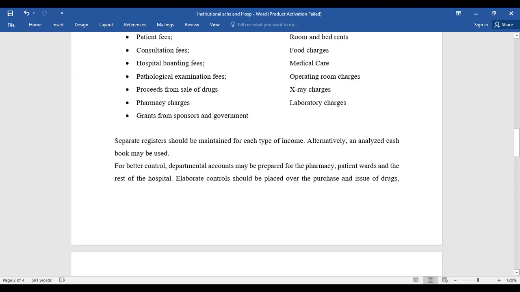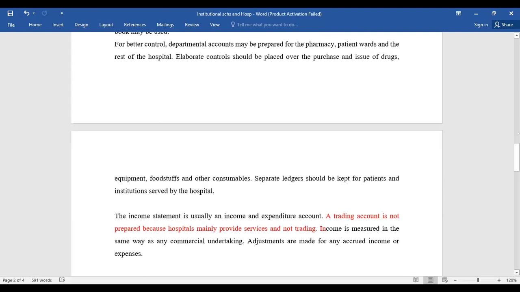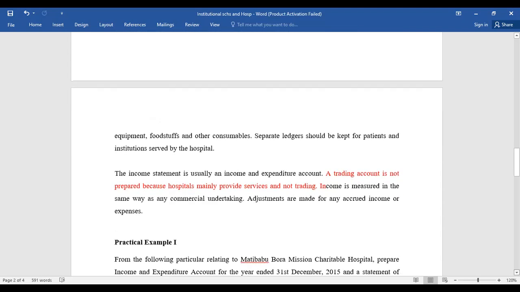Now, this should be at the end of the period. They are supposed to bring together the separate ledgers because they need to show overall how the facility or the hospital is being run. So again, a trading account will not be prepared because what we are doing is to offer health services. We are not in the business of trading drugs or trading health.